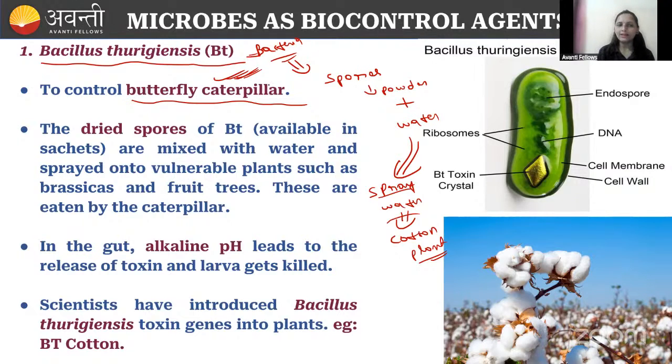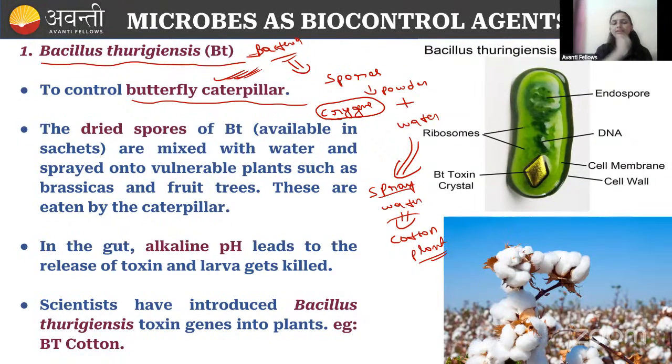What it actually does: this Bt consists of the cry genes. We will study these cry genes in detail. These are taken up by the caterpillar and go to its gut. This bacteria will make pores, holes in the gut.